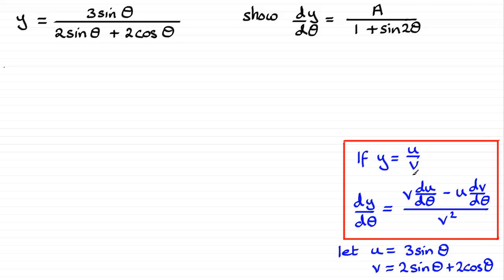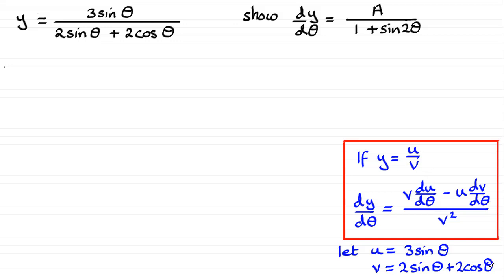Briefly though, if y equals u over v, where u and v are functions of theta, dy by d theta is given by this equation here. And it's a good idea to write down what u is. It's going to be the numerator here, 3 sine theta, and v is 2 sine theta plus 2 cos theta.